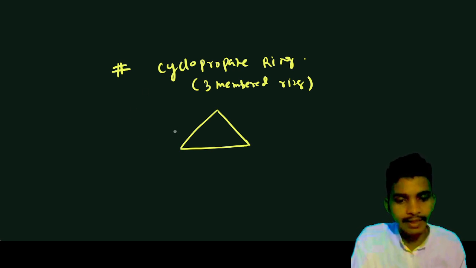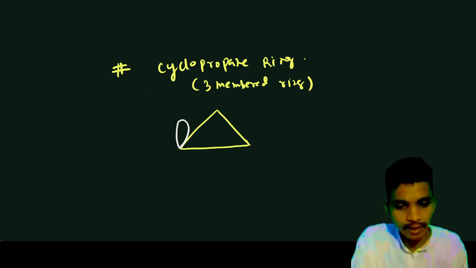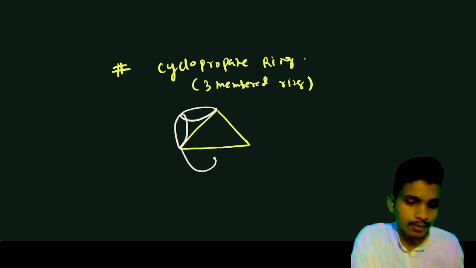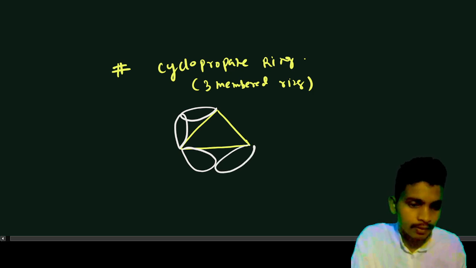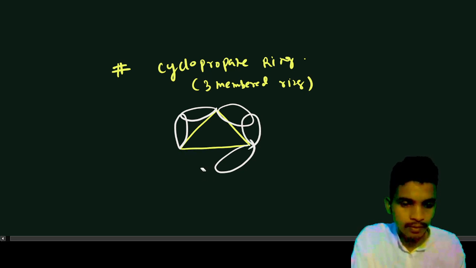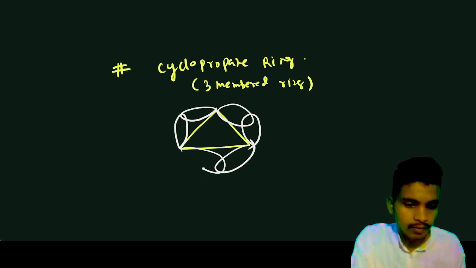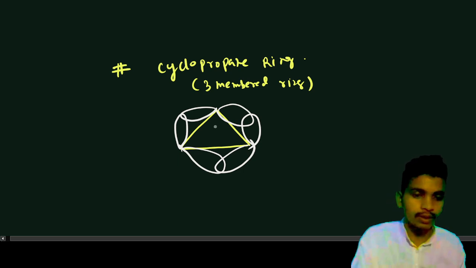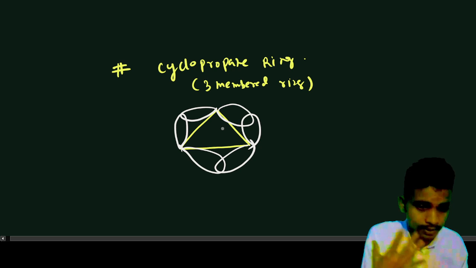What it has is that its electrons are like this: the p orbitals are bonded in this structure. So the cyclopropane ring is somehow like this.